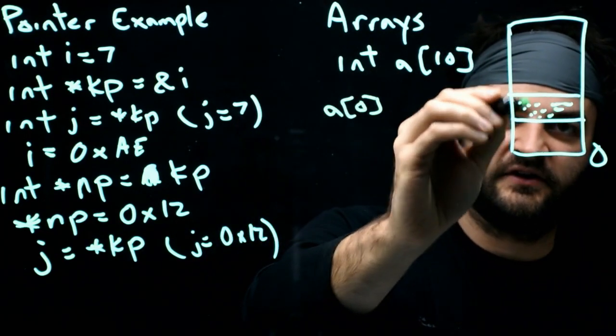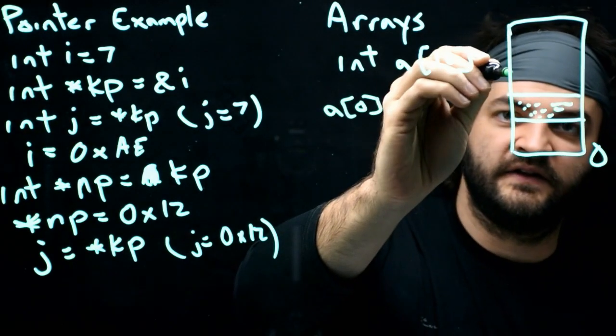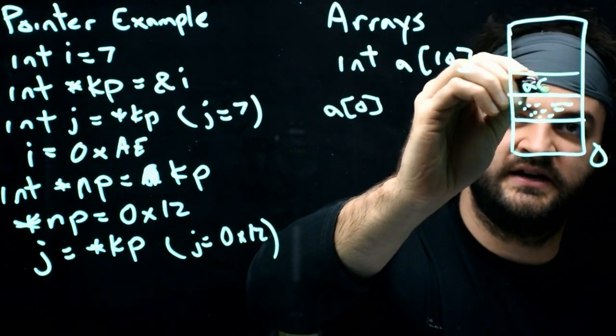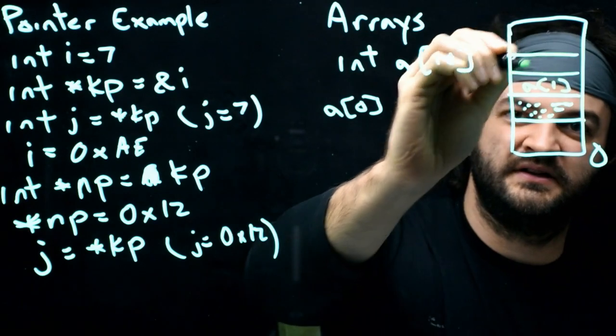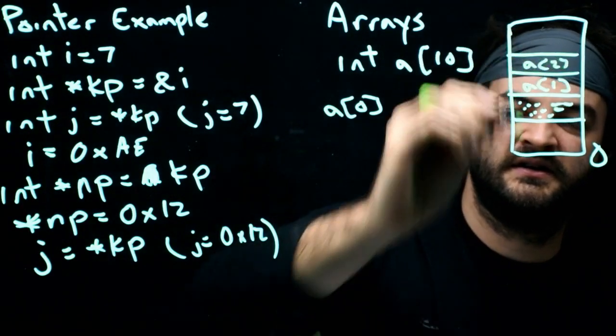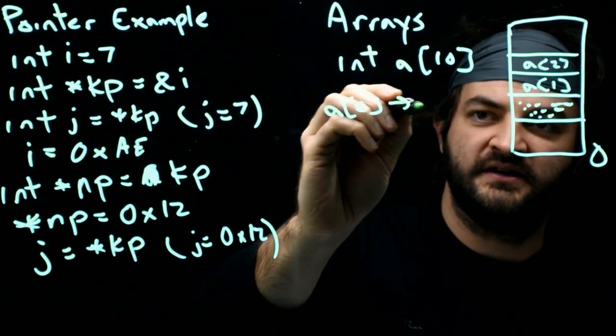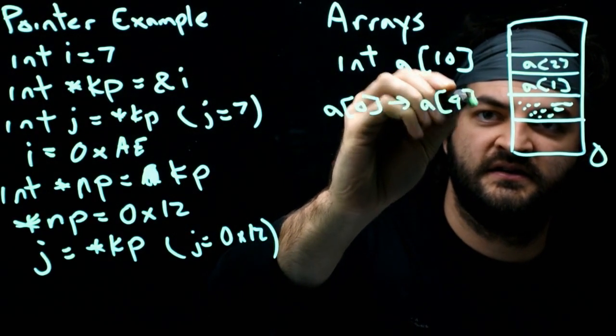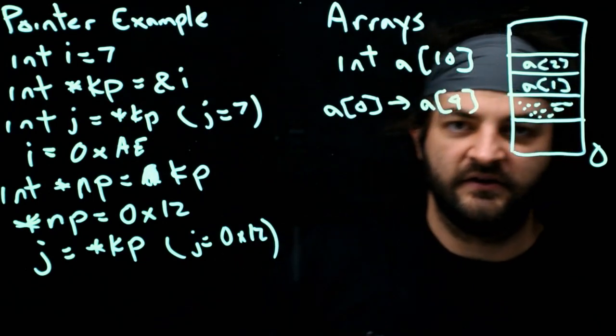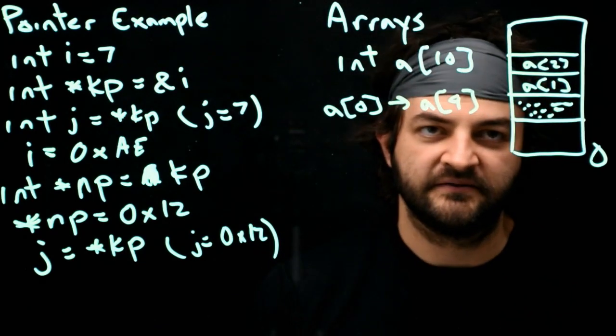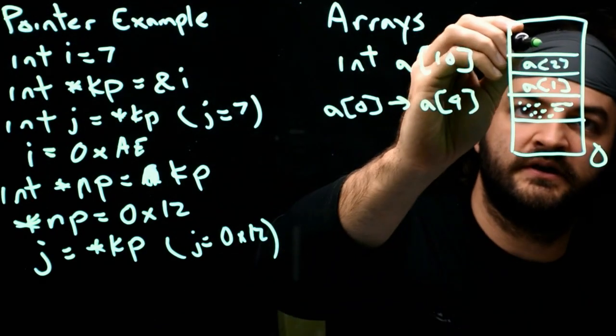So this value inside of here is a of 0, and then the next one would be the value a of 1, and the next one would be the value a of 2, and so on. And what would be the very last one? The very last one would be a of 9. So from 0 to 9, we have 10 values. So we never actually refer to a of 10. So this keeps going.